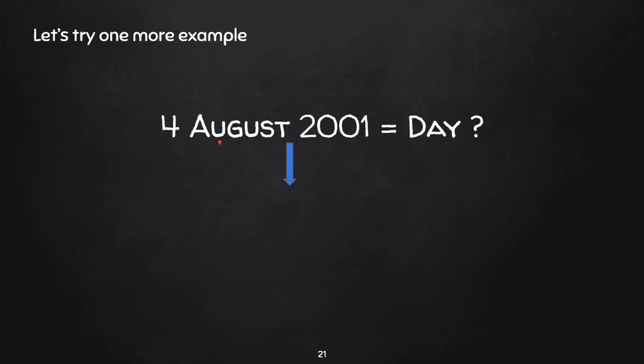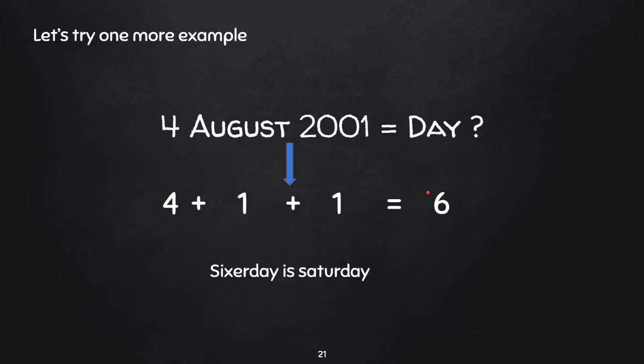And we have already learned the code for 2001, which is simply 1. So our formula becomes 4 plus 1 plus 1, which is simply equal to 6.